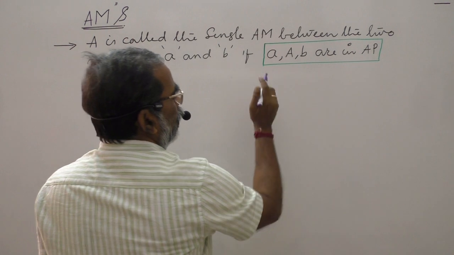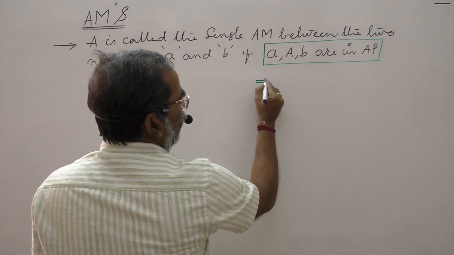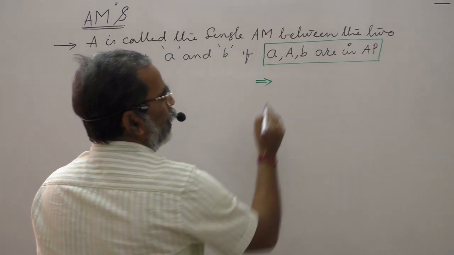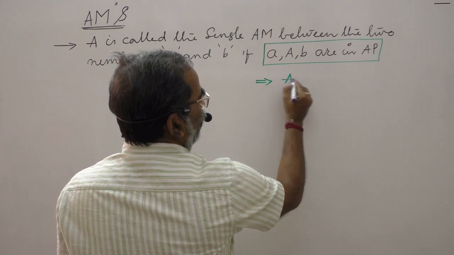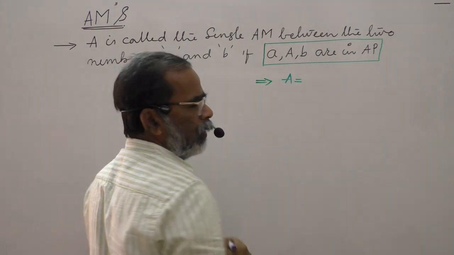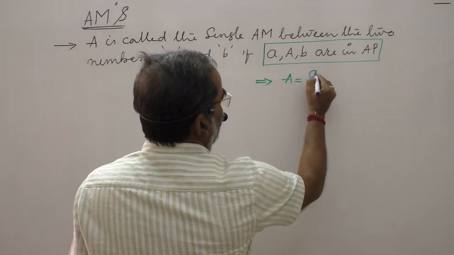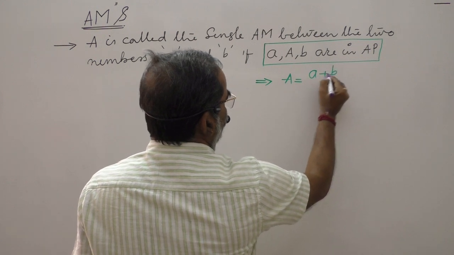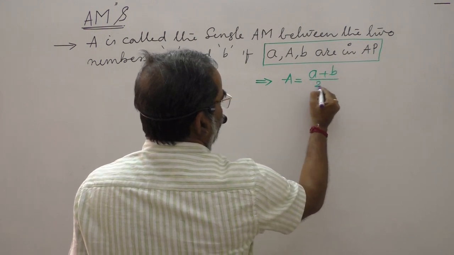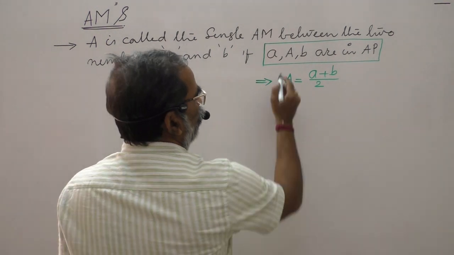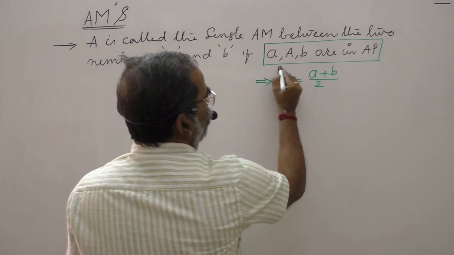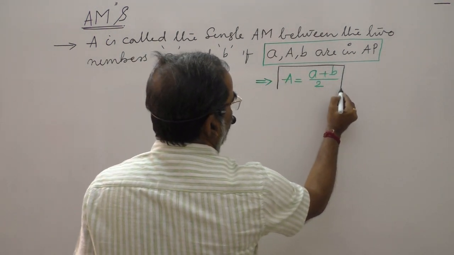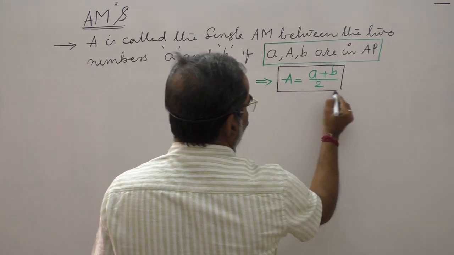By the property of AP, this single arithmetic mean A will be the average of these two, that is, A is equal to (a plus b) by 2. This is single AM. Very simple.